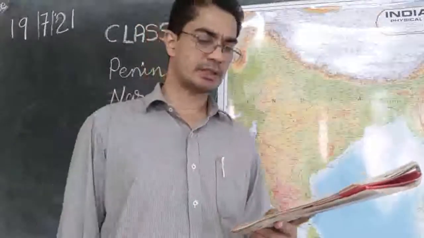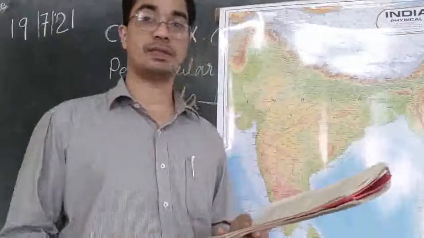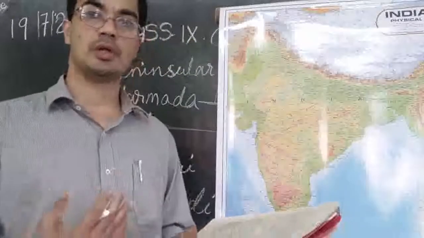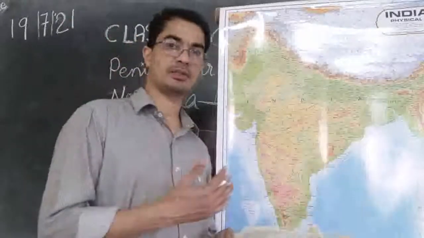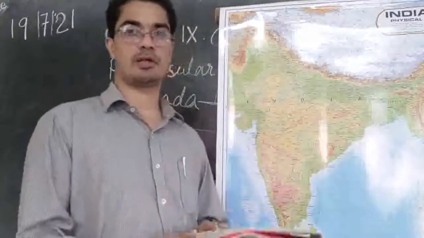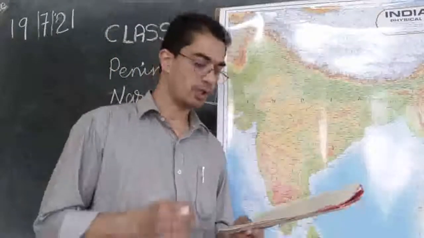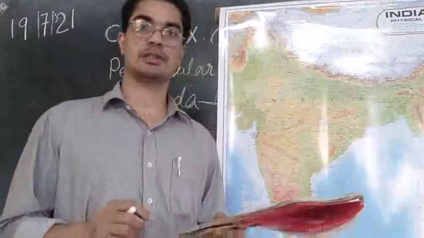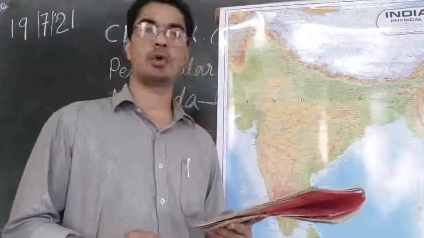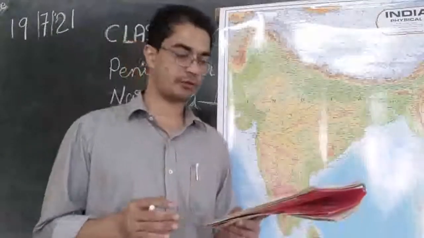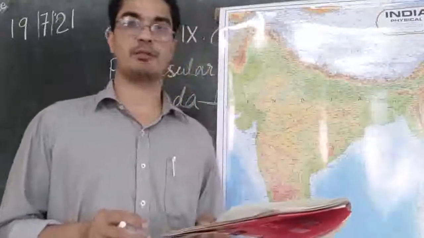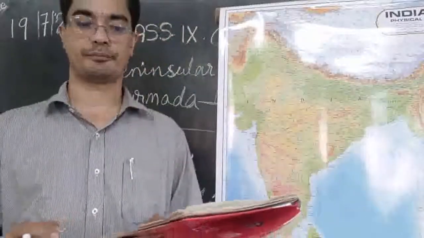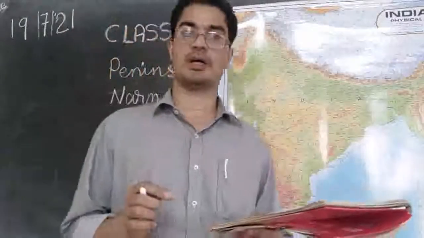Its drainage basin is shared by which states? Which are the states through which this river is flowing? The Mahanadi is flowing through Maharashtra, Chhattisgarh, Jharkhand and Orissa. These are the states benefiting from the Mahanadi basin.